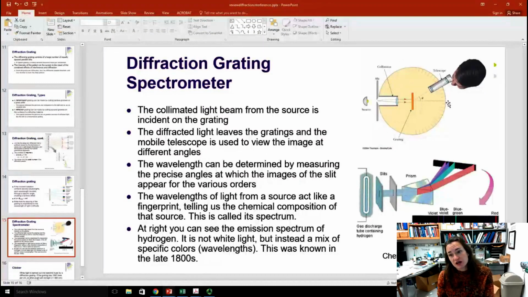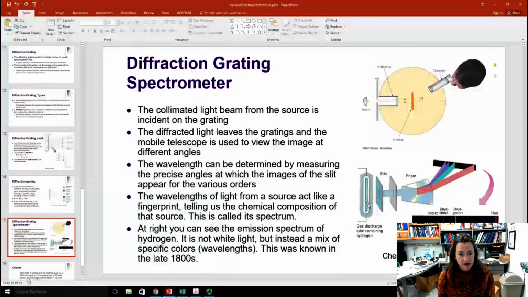And then you can use that to measure the angle from the center to the point that the light is diffracted. If you do that, you can determine the wavelength of the light that's being diffracted, okay, by measuring those precise angles. The wavelengths of the light from the source act like a fingerprint, telling us the chemical composition of the source. And this is called the spectrum of the light.